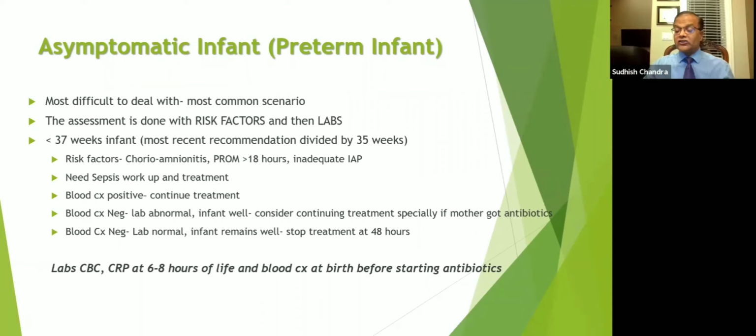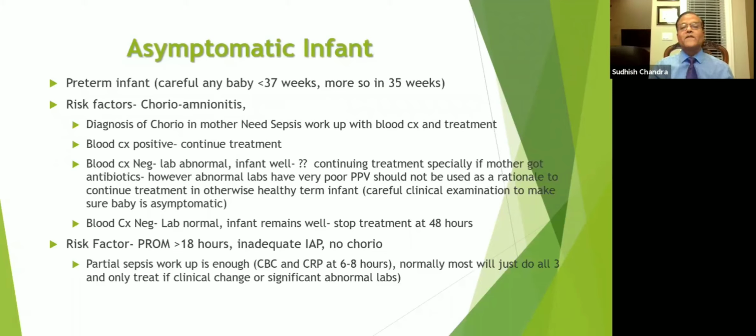If blood culture is negative, but the laboratory is significantly abnormal, you still will assume it to be sepsis and treat as such. But if the blood culture is negative, labs are normal, the baby is looking well clinically, just stop the antibiotic in 48 hours, baby goes home. Again, if the blood culture is negative, labs are significantly abnormal, consider giving the antibiotic for longer duration.